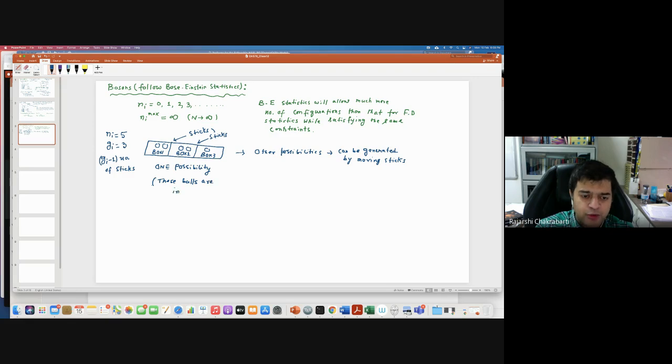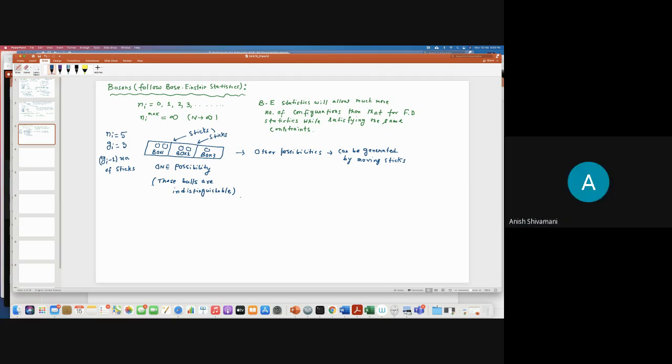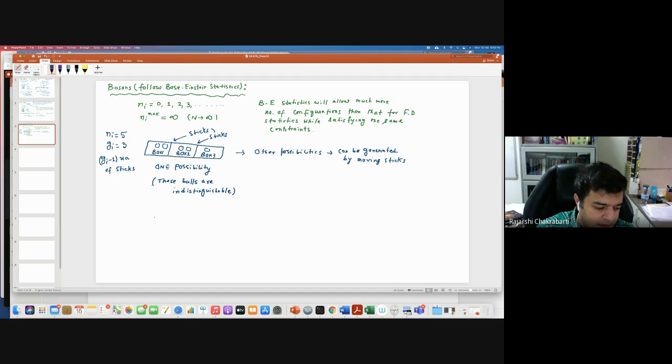They are all blue, for example, because they are quantum particles. So what you have here is actually Ni number of particles plus Gi minus 1 number of sticks.